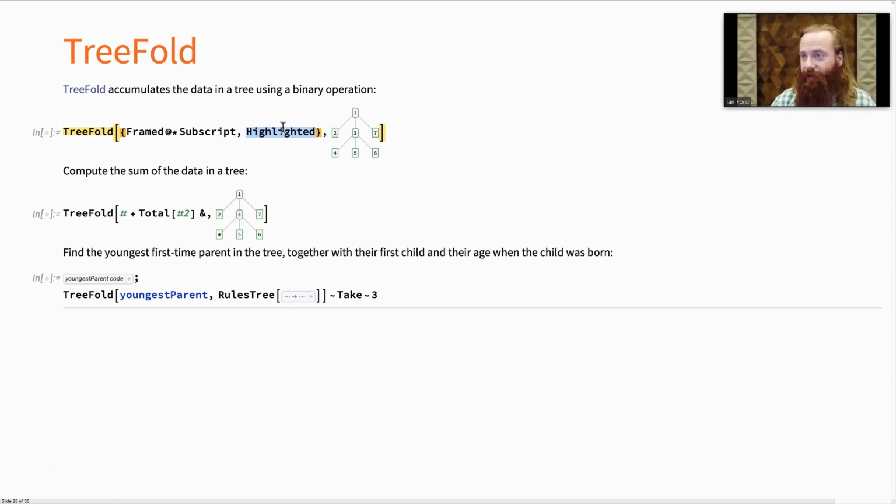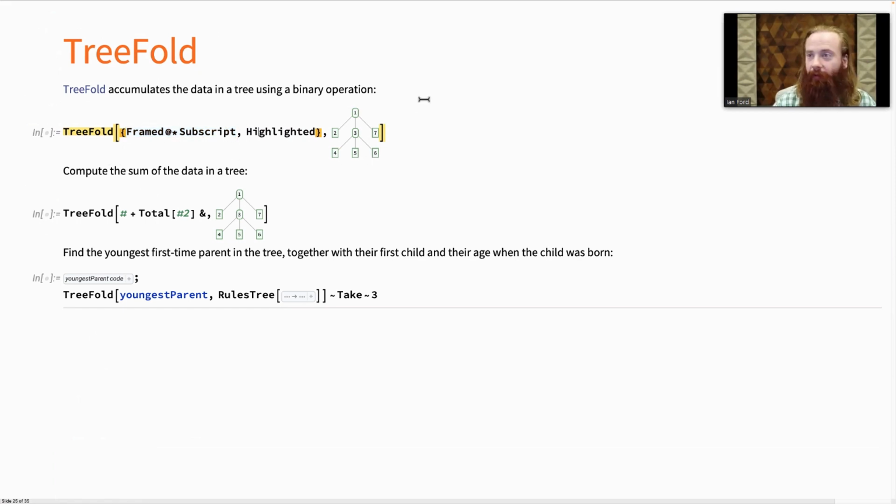So what this is going to do is wrap the data in each leaf with highlighted. So 2, 4, 5, 6, and 7 will be highlighted. Then the inner nodes 1 and 3 are going to be accumulated together using this binary operation, where basically we'll take the data and have the children as a subscript and have the whole thing be framed.